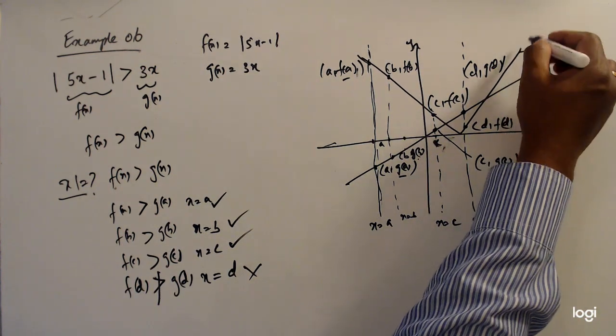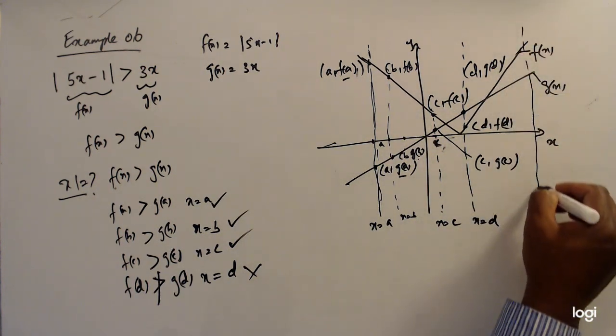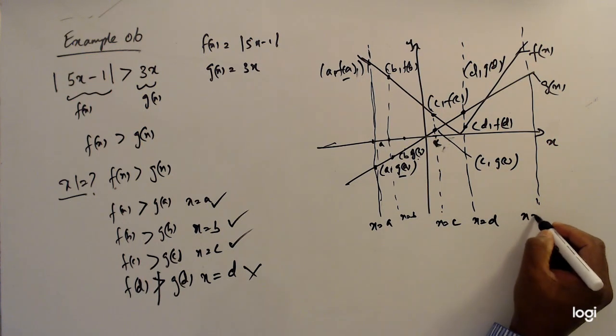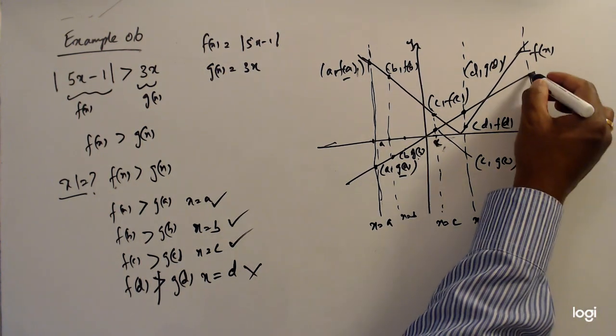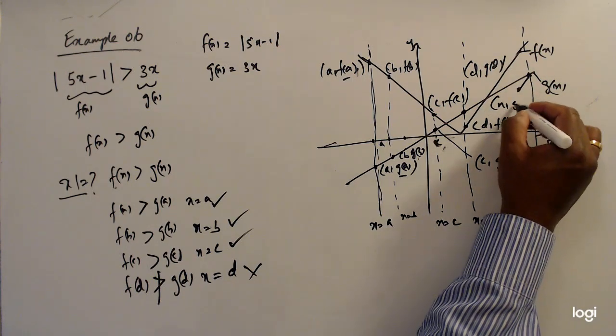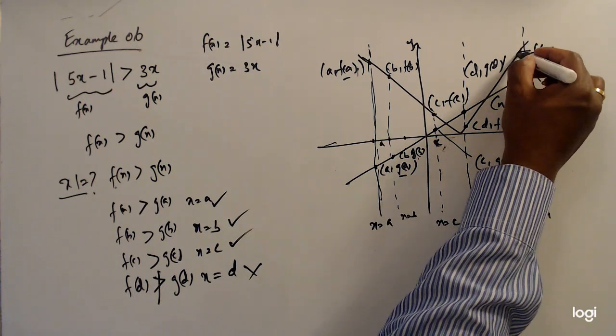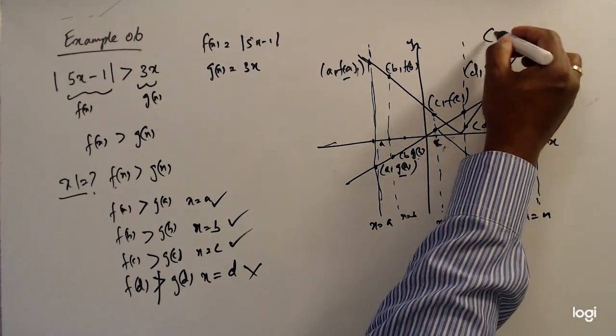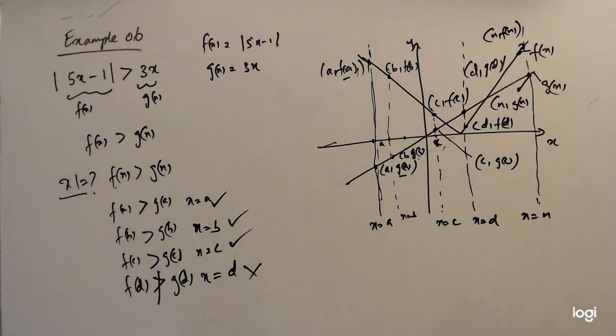If you take another value from here, I will take x equal n. Then this point is going to be gn, and this point fn. Now you can see that fn is greater than gn, so the x equal n value is also fine.